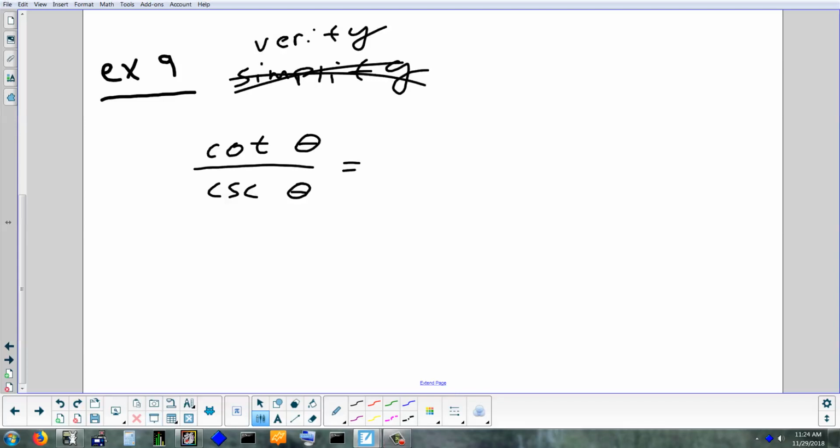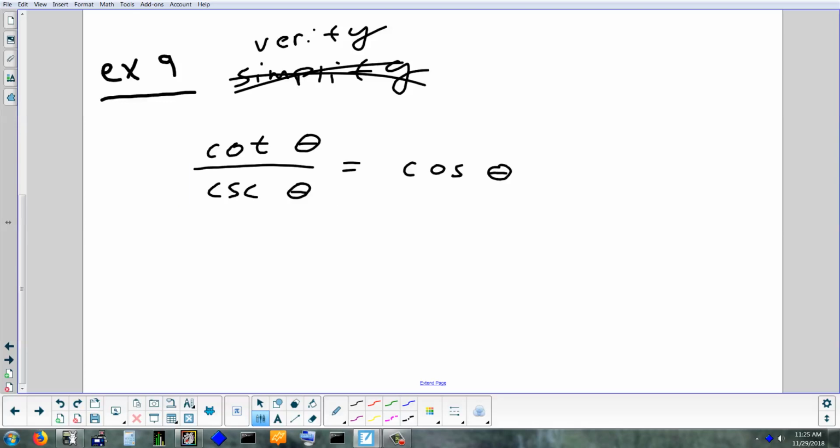Verify, they give you the answer. I'm telling you that the answer should be cosine. So we know what we're starting with. We know what we're supposed to end up with. You just have to show me why this equals that. So you're never going to touch the right-hand side for this problem. You take the side that looks more complicated, which I think is the left, and try to simplify it so it looks like the right.